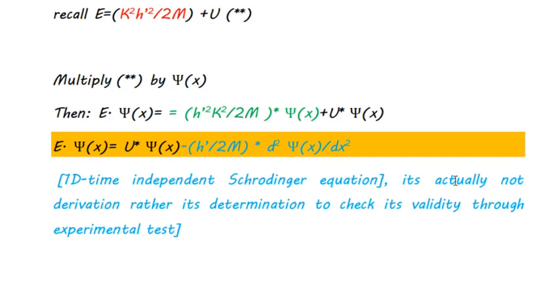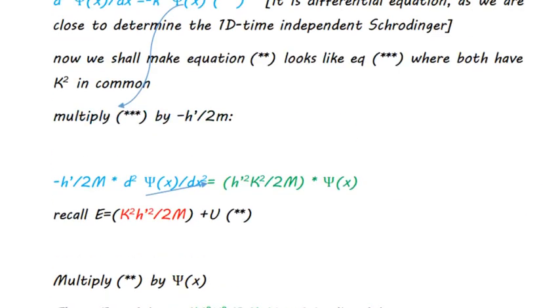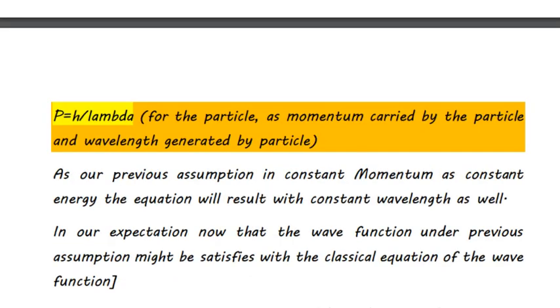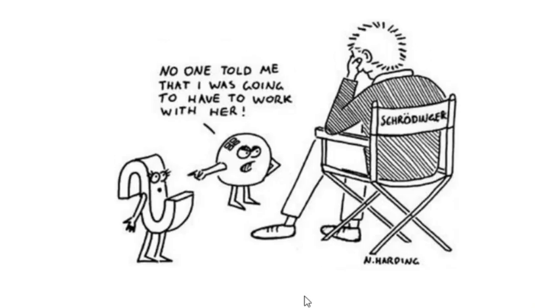It's usually not a derivation of the Schrodinger equation, but rather a determination to check its validity through experimental tests. And this is simply the time independent Schrodinger equation, and we're going to continue in the coming lectures with other derivations and formulations of the Schrodinger equation.